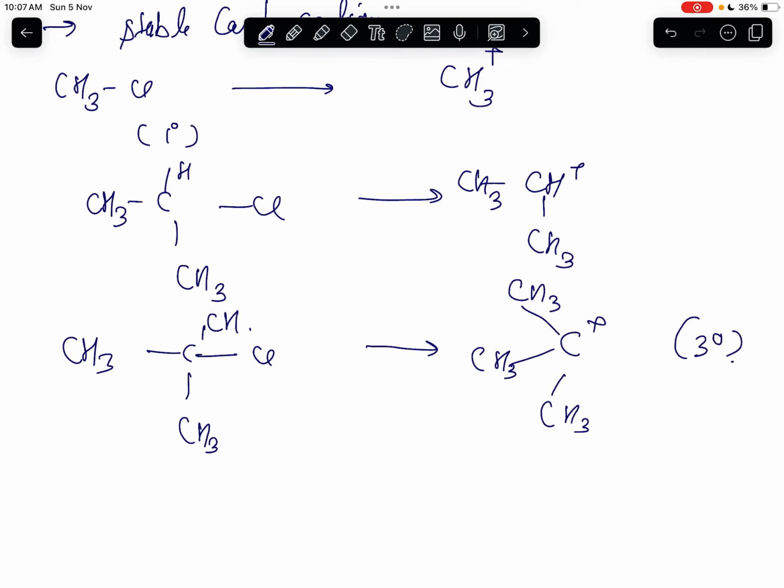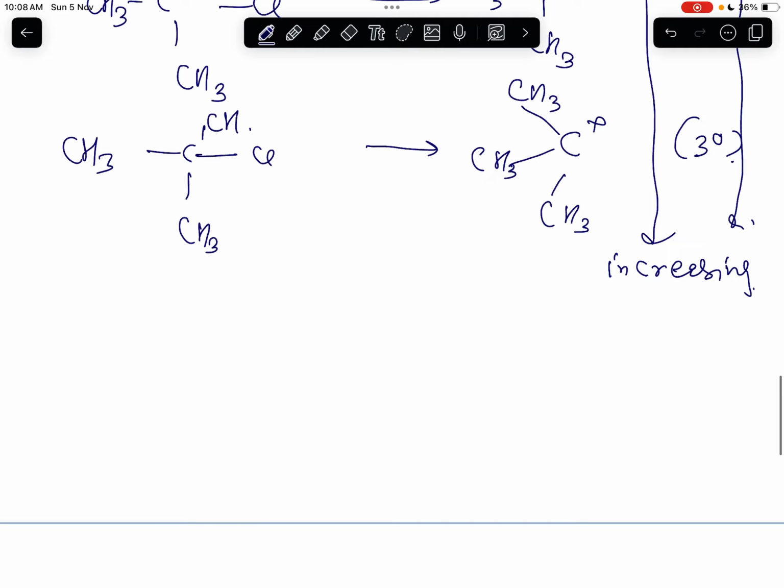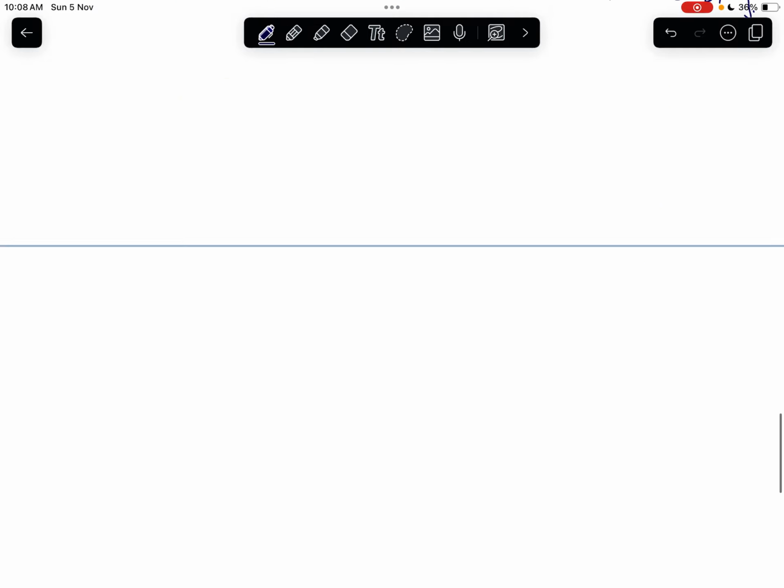That's why carbocation is stable for the 3 degree. So the order of stability can be like this, increasing. That's why rate of reaction will be like this. So we can easily identify which mechanism can be followed by this.